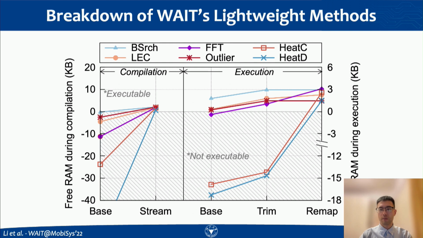With our memory trimming technique, the FFT benchmark becomes executable, while the 2 heat detection benchmarks are still not, because of the large constant lookup tables in the application. These 2 benchmarks are not even executable under the native execution environment. The constant remapping facilitates the execution of these 2 benchmarks.